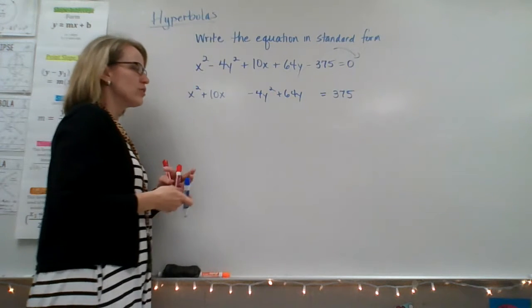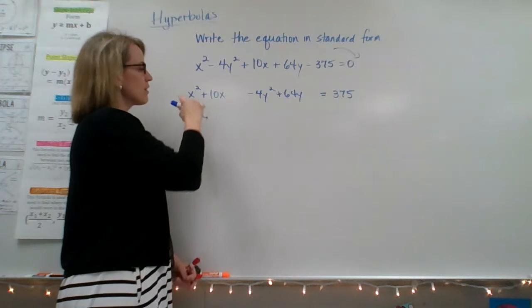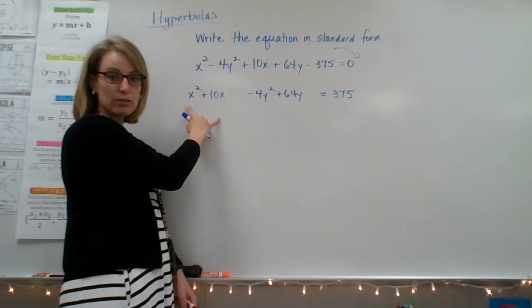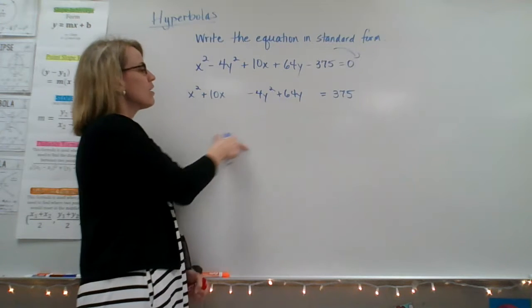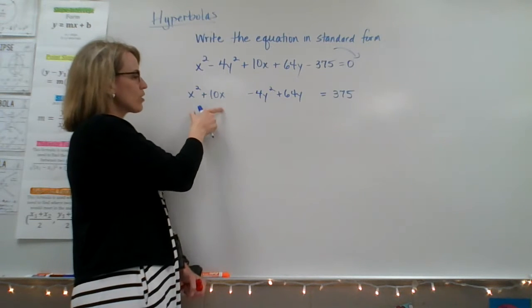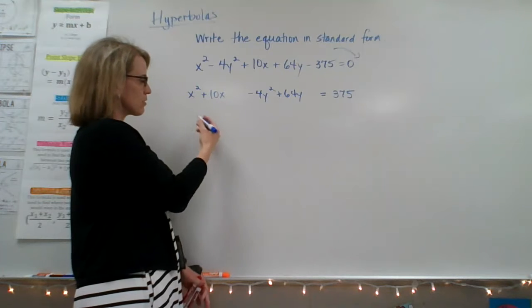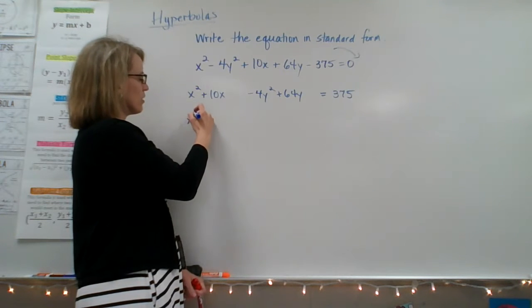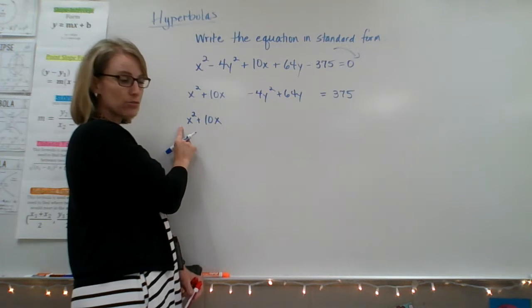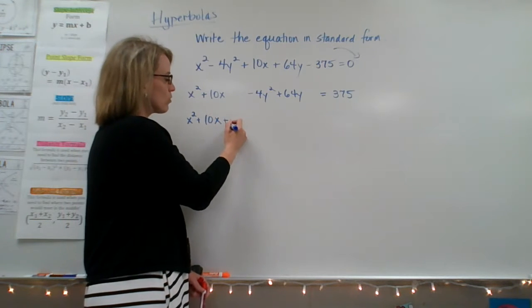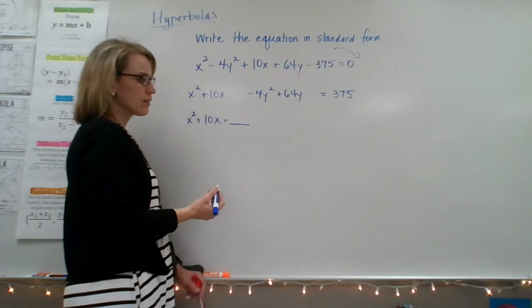All right, so you can tell we've got a little bit of work to do. This part of the equation is ready to rock and roll with complete the square. This one is not, all right? So we can go ahead and work on this part, and we will adjust the middle as we get there. So remember, when you're completing the square, you want to have a coefficient of 1 on your squared terms, and we do on this one, so we can go ahead and think through this process.